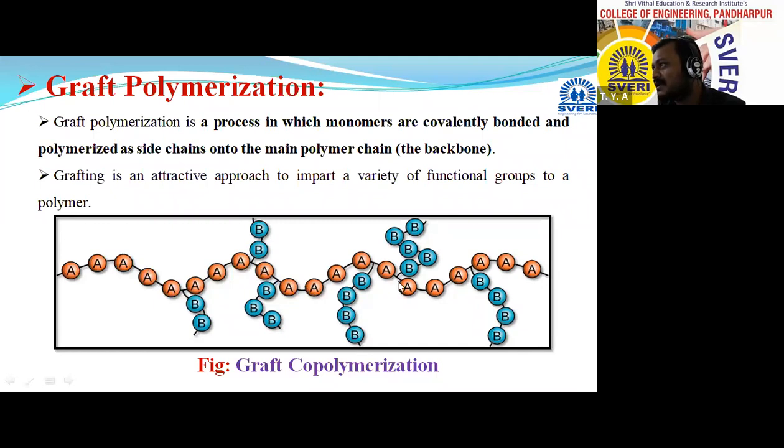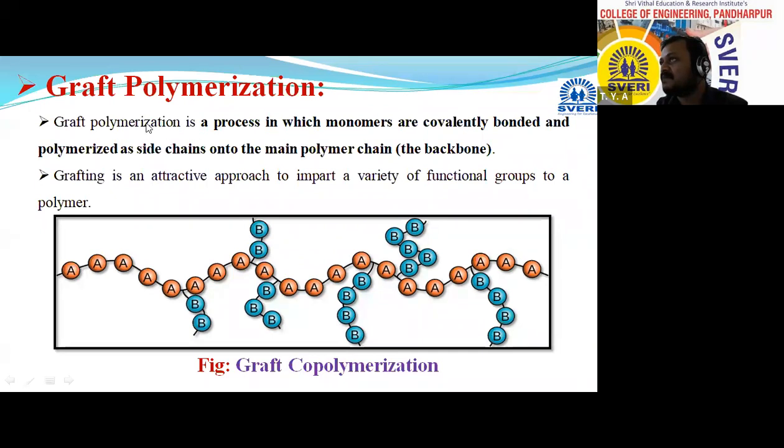This is the main polymer chain, or you can say the backbone, and B monomer chains are attached to that. Are you getting this? This is nothing but your graft polymerization. This is graft polymerization, not graft copolymerization. This is graft polymerization only.